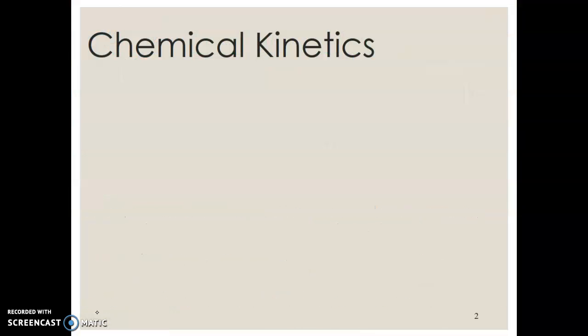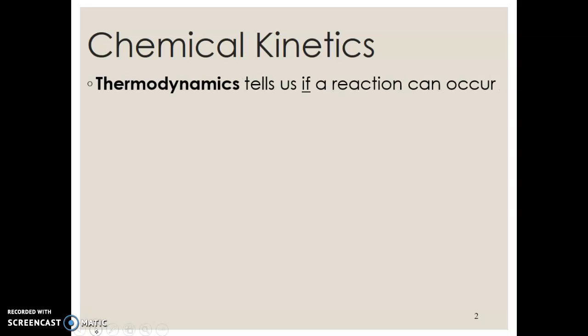So, chemical kinetics. Just a little bit of review. Thermodynamics is going to tell us if a reaction can occur. Remember, we talked about if the reaction is favorable or unfavorable, if it is spontaneous or non-spontaneous.